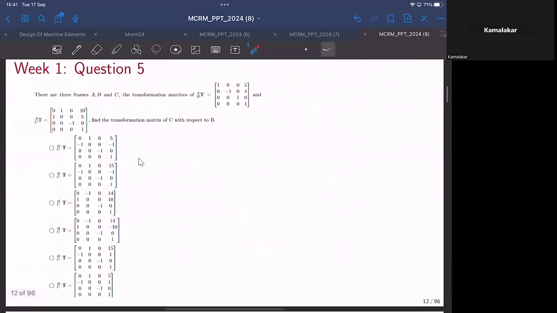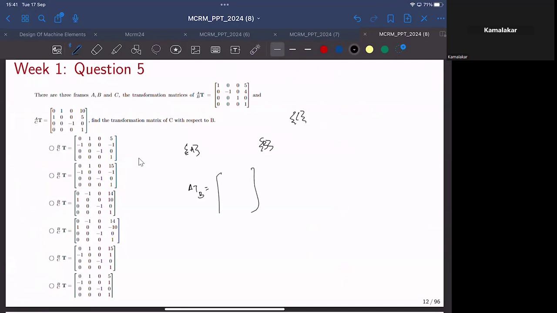And we have seen some sample problems. I won't be solving this, but just to see, we have been given 3 frames of reference, A, B, and C, and the transformation from A to B has been given as so and so, and A to C is also given as so and so.